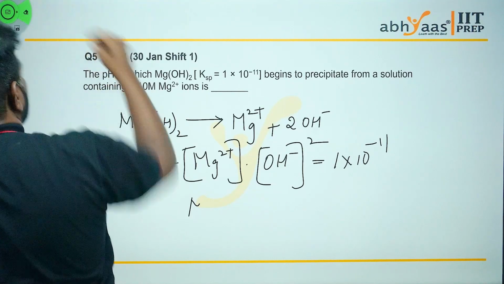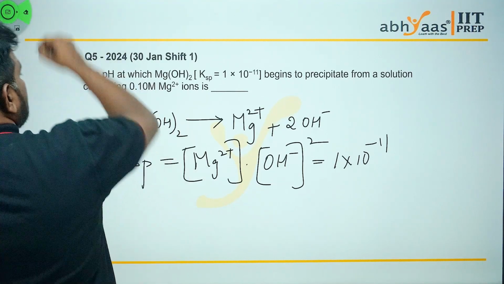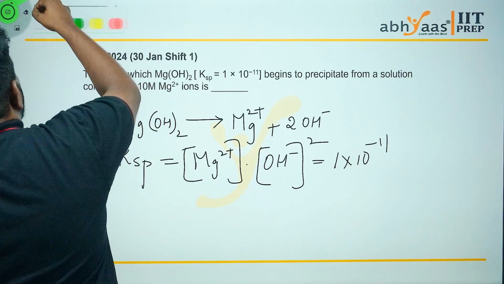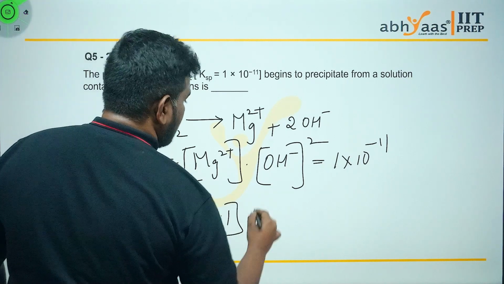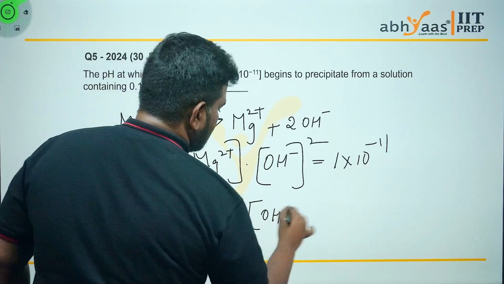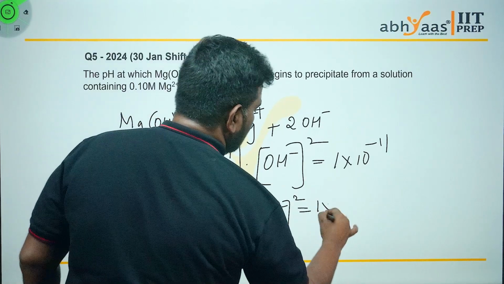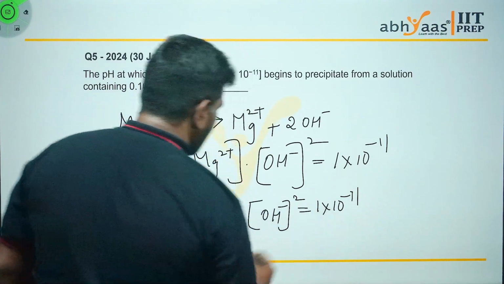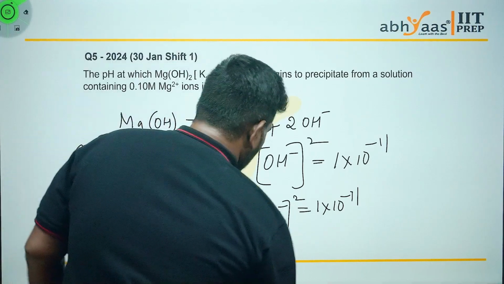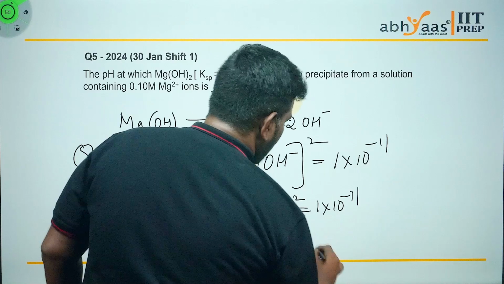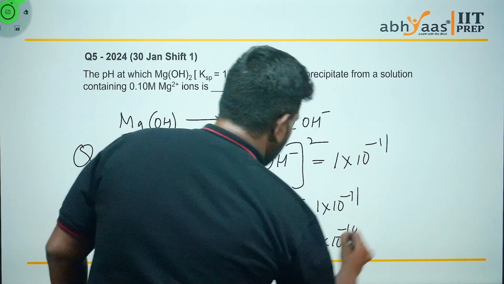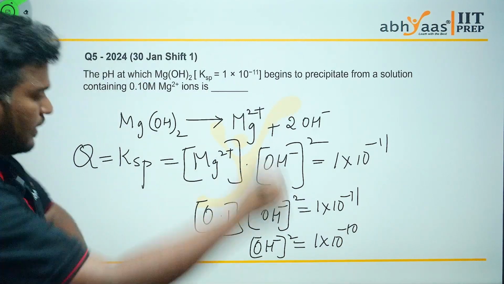It is given in our question as 0.1. So we can write 0.1 into OH minus the whole raised to 2 is equal to 1 into 10 raised to minus 11. So OH minus the whole raised to 2 is equal to 1 into 10 raised to minus 10. I have taken this value to the right hand side.